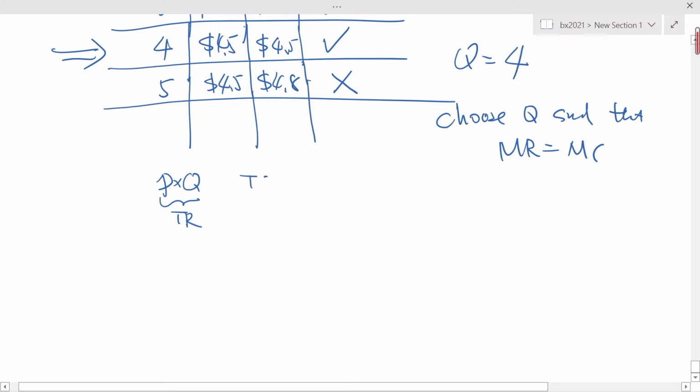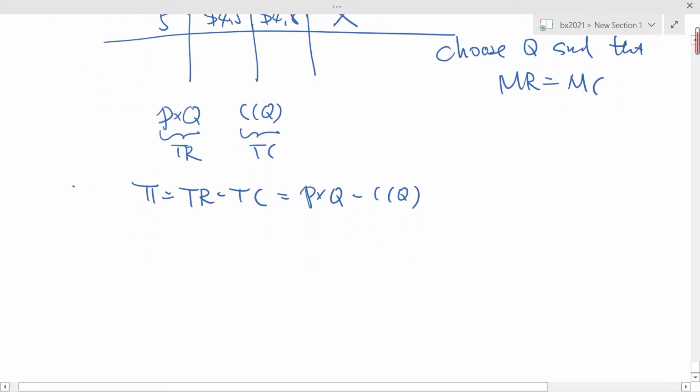And we have total cost, C as a function of Q. So profit will be equal to total revenue minus total cost, which is P times Q minus C(Q). What we want to do is maximize the profit by choosing quantity.